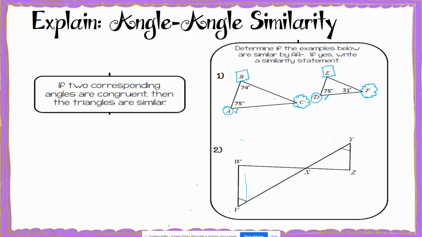When I do that, I get a measure of 31 degrees here. If I look at C and compare it to its corresponding angle of F, I see that those angles are congruent. Since there are at least two angles that are congruent, I know that these two triangles are similar by the AA, or angle-angle similarity.